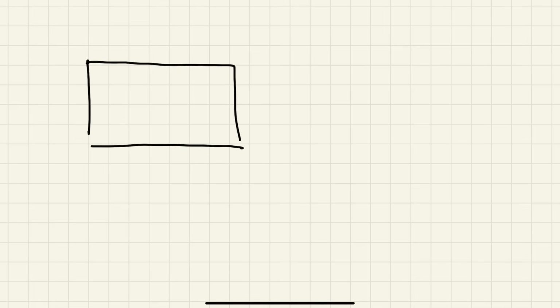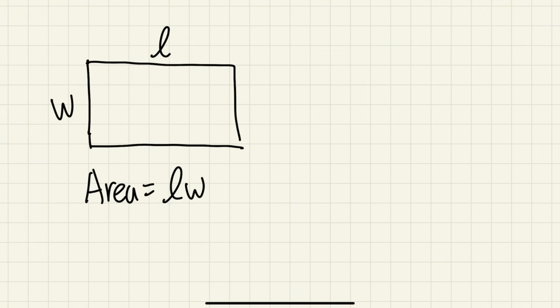Now I just want to do the general case for you. Let's say we have a rectangle like this. I'm going to call this L, this W. So the area is just L times W, length times width. So this is the original. Now for the new one, we will increase the length by 20%.